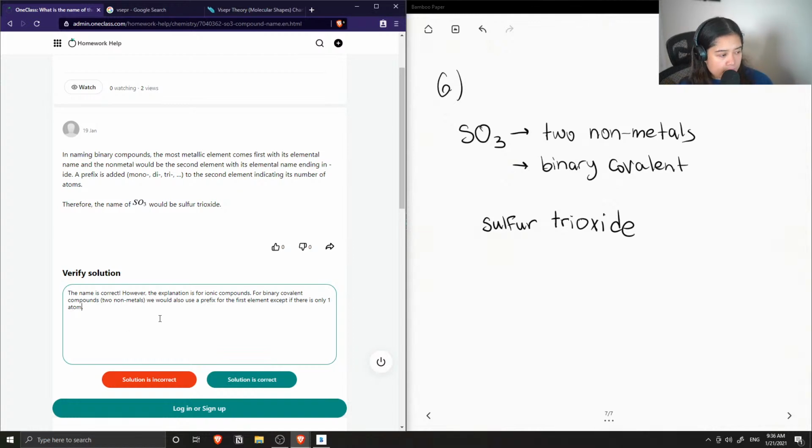Okay, so I'll still say this solution is correct, but I just added my note about binary covalent compounds.